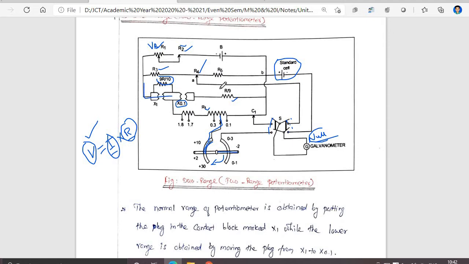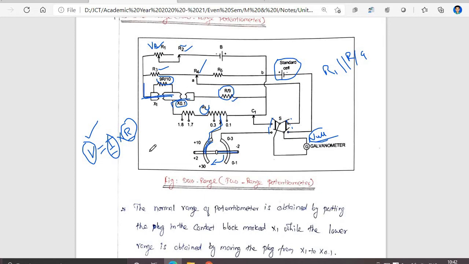After that, the resistance R by 9 and resistance R1 are both connected in parallel. So R1 is in parallel with R by 9, and 9R by 10 should be added in series to the circuit.